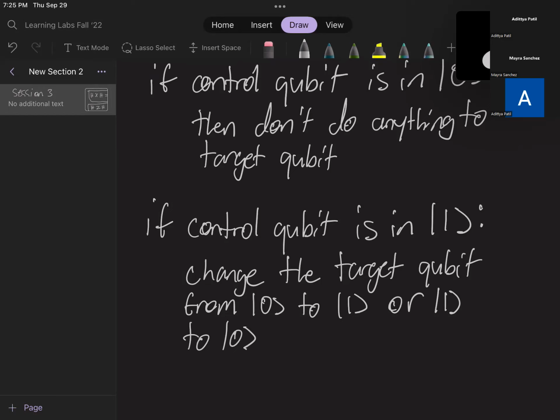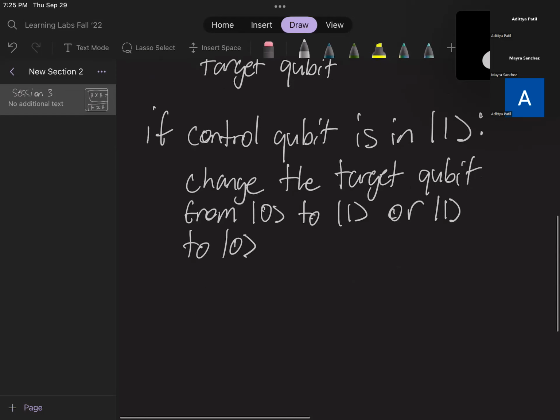This depends on what state the target qubit is in before we apply the CNOT. So, in plain simple English, this is what the CNOT gate does.